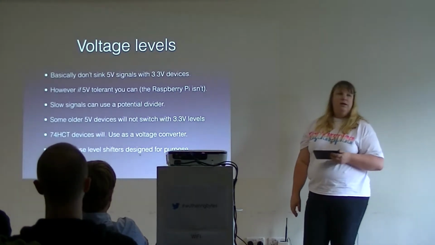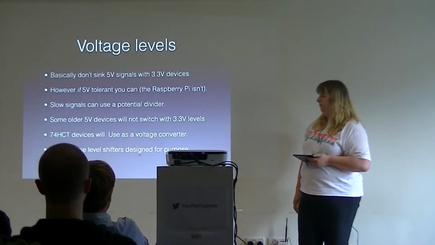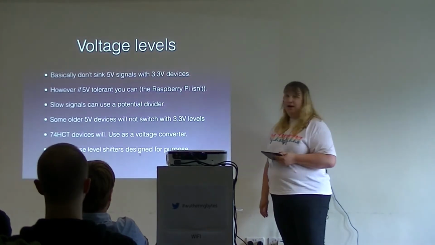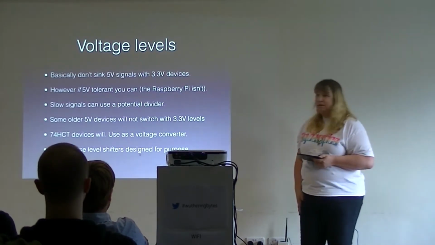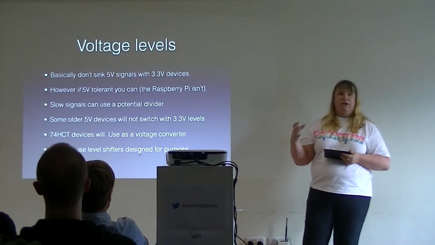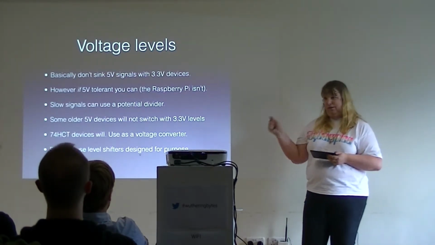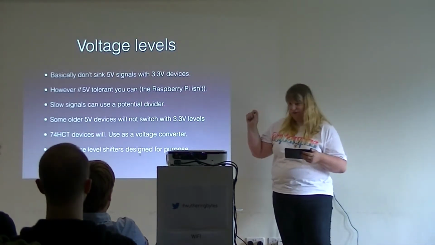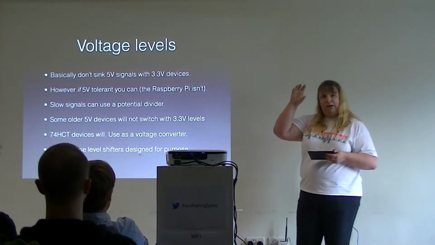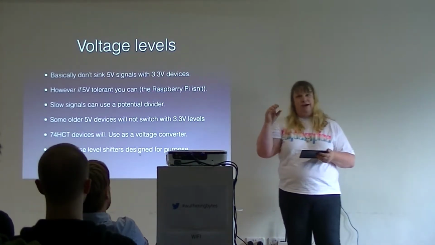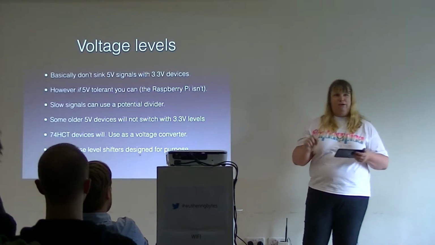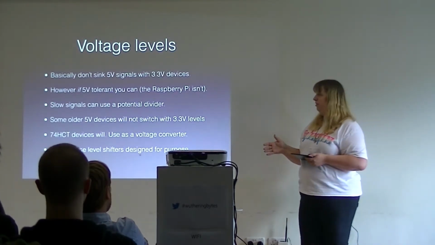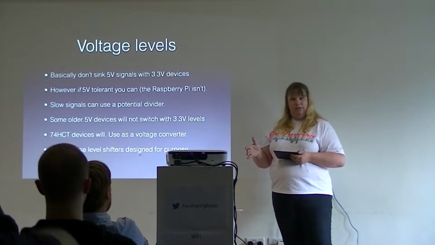Voltage levels. In the old days, it was all 5 volts. Then, because you could switch lower voltages quicker, because electrons take time to move, they keep bringing the voltages down and down and down again. Typically, the sort of electronics we use, it's 5 or 3.3 volts.